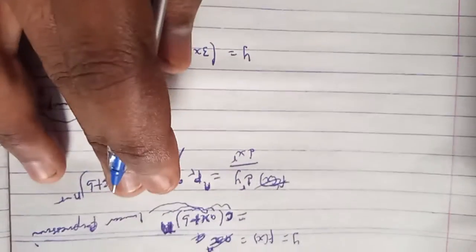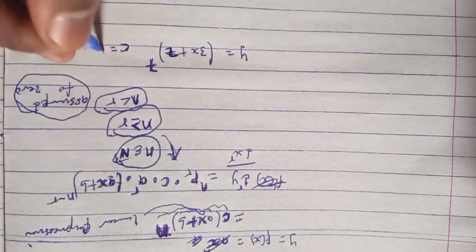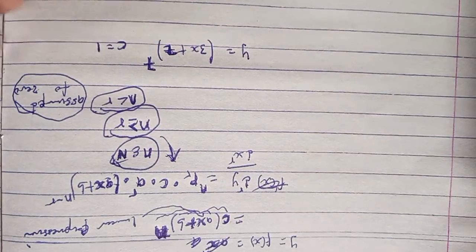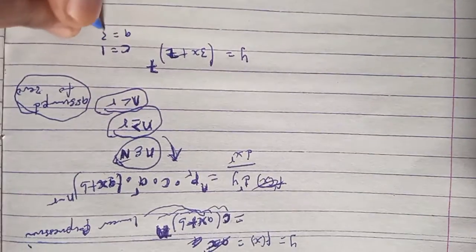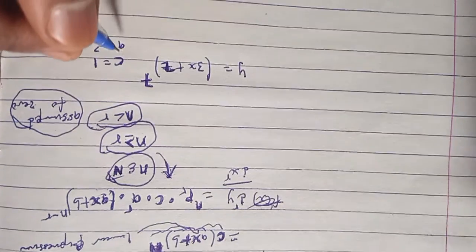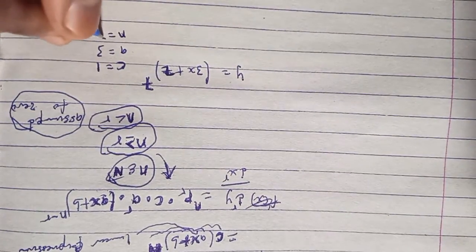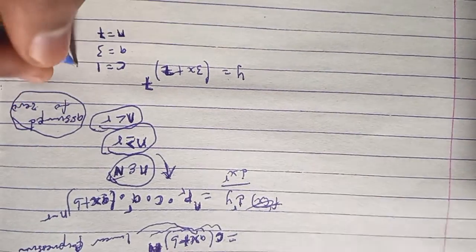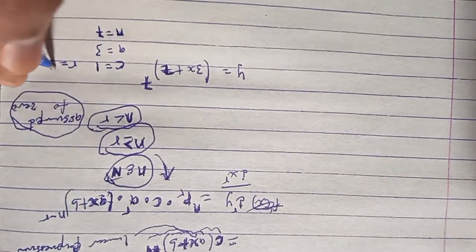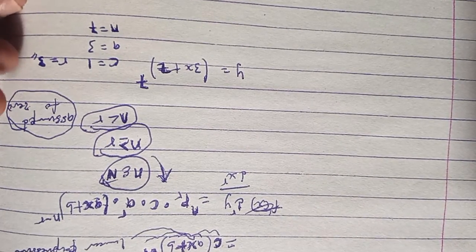So using this formula, we will have c to be 1 because nothing is there, then we will have a to be 3 and n to be 7. Then we will have r to be 3 because they asked us to find the third derivative.